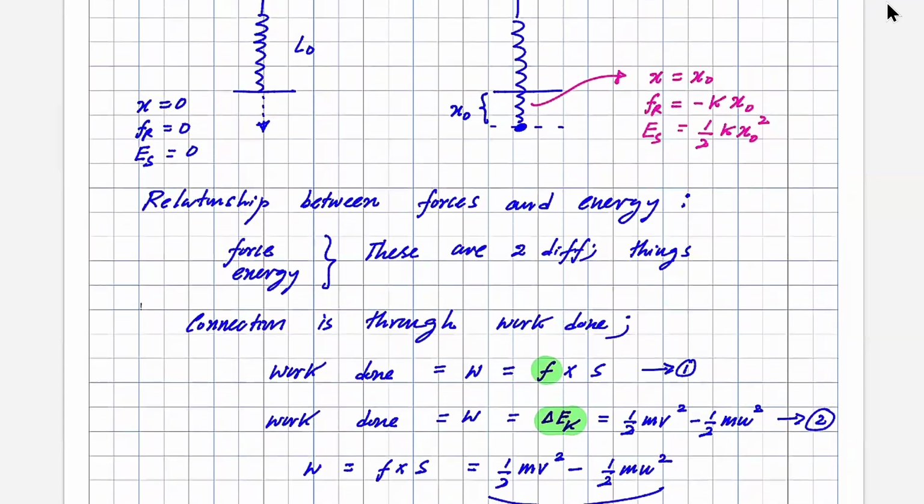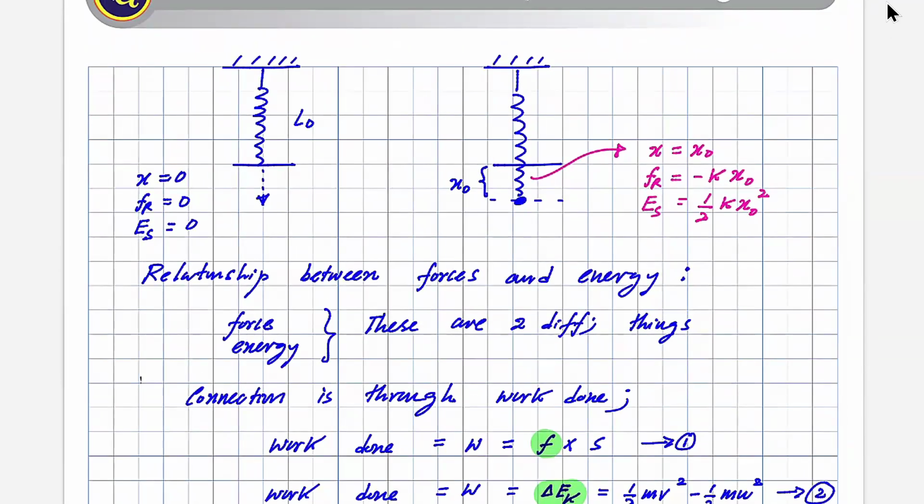Now let's go to our system. When we go to our system, you can see restoring force is available to you, and the spring energy is available to you. But these two are there when the object is at equilibrium.